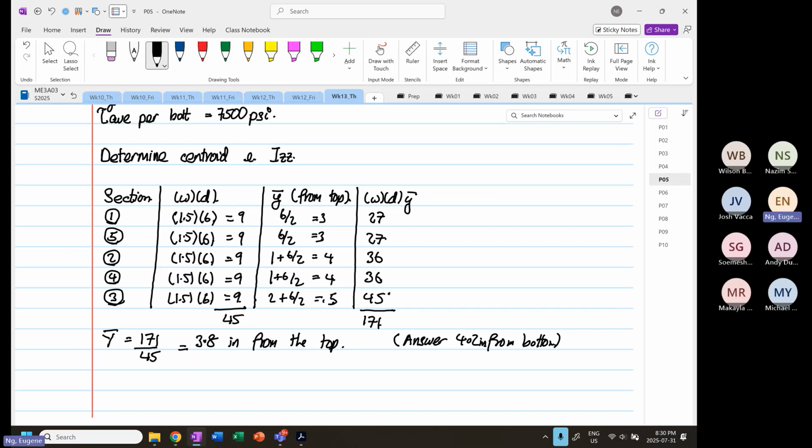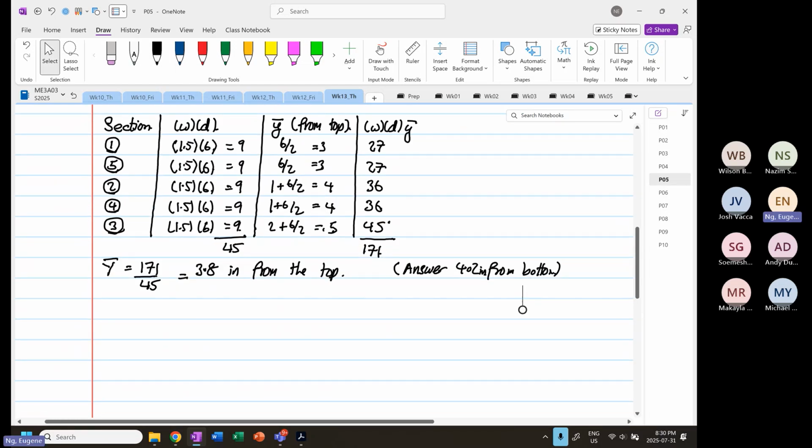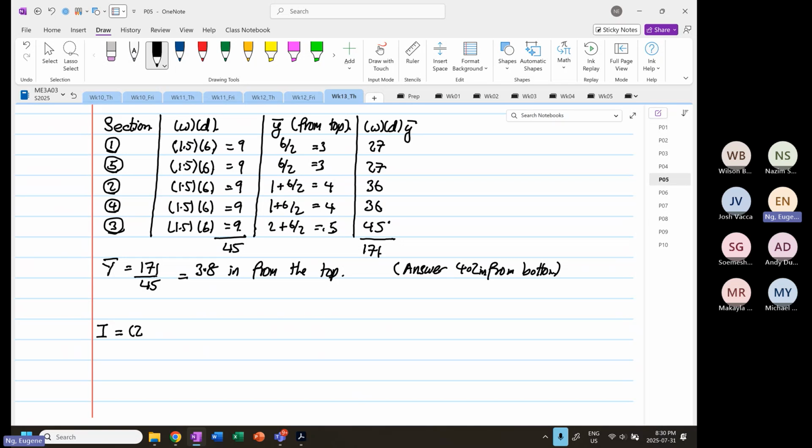Then next we do the I. So we know that this is width twice. Width times depth cube over 12 plus 2, 1.5 times 6 times 3.8 minus 3 squared.